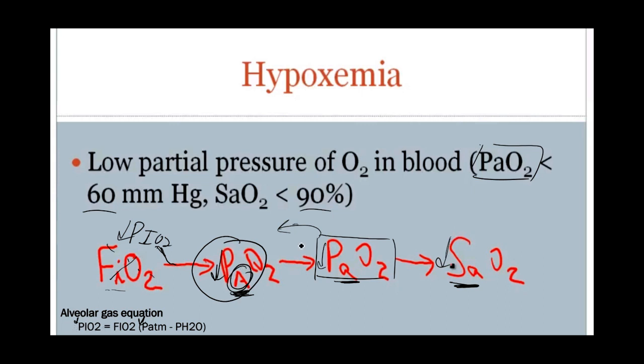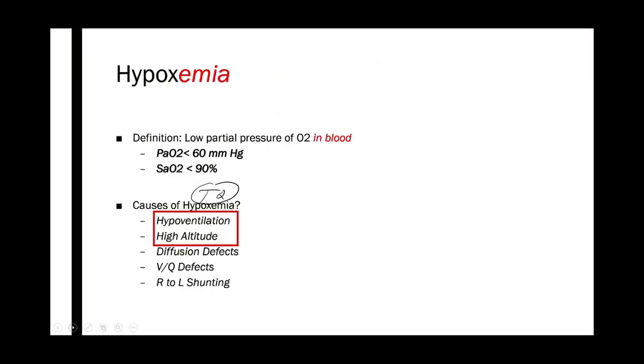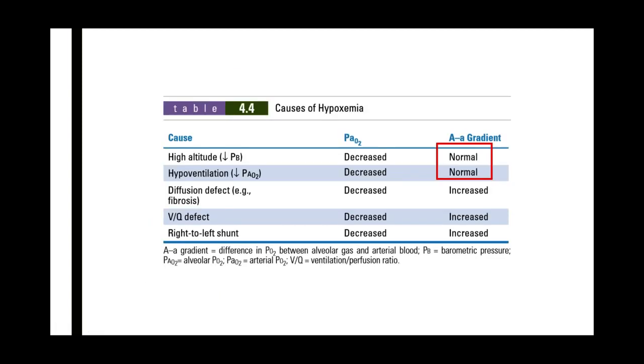So you decrease that, everything to the right will also decrease. Hopefully that makes sense. And these two, as you'll see in the next slide, you will actually see a normal AA gradient, and that's very high yield right here. And all the other ones you see increased AA gradient.